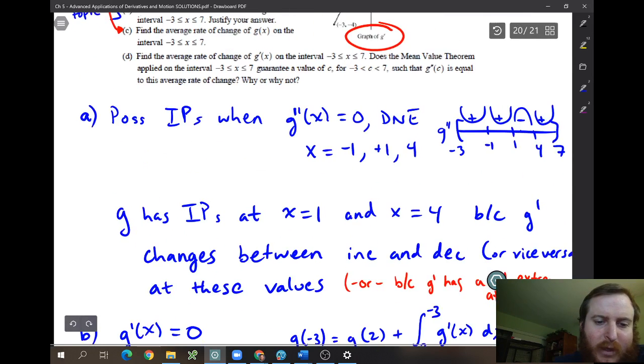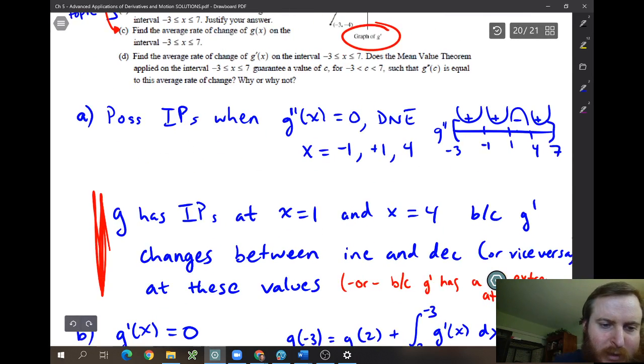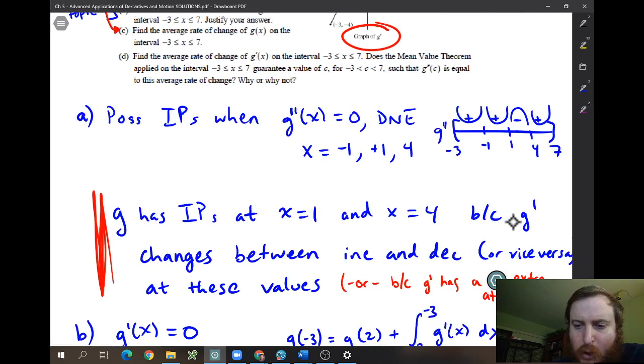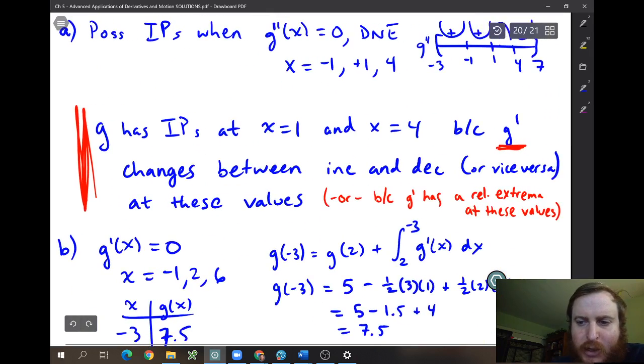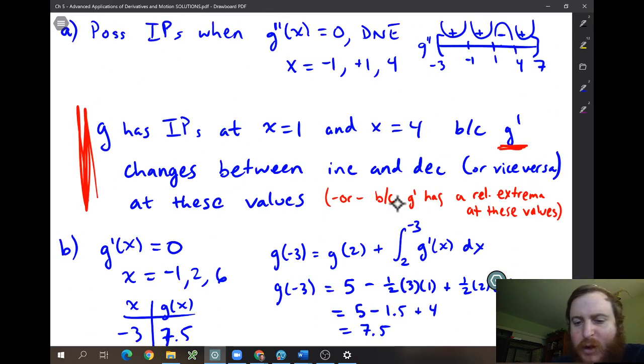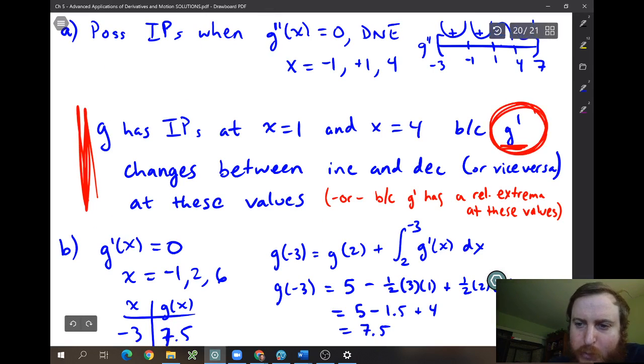You don't have to. The thing that we really need here is this. This is the important thing. So G has an inflection point at x equals 1 and x equals 4 because G prime changed between increasing and decreasing, or vice versa, at these values. You could have also said, because G prime has a relative extremum. But it's very important to make sure that your answer has to do with G prime.